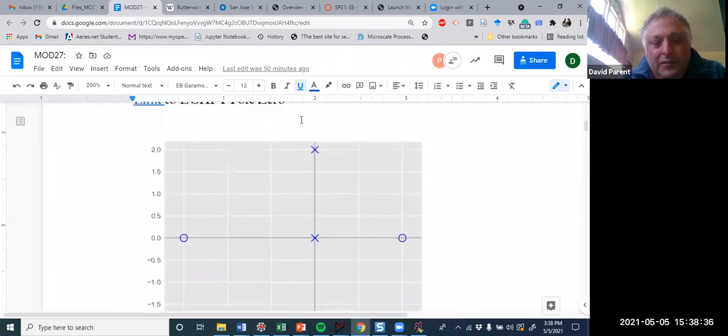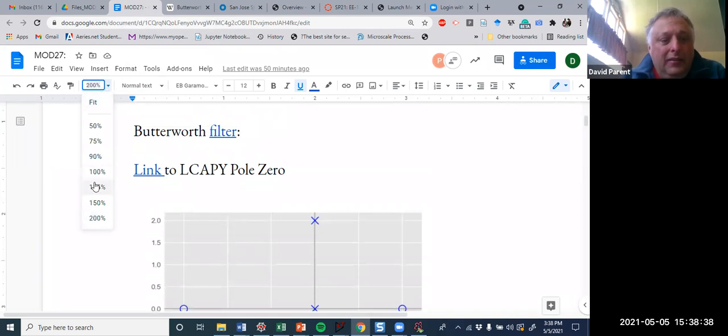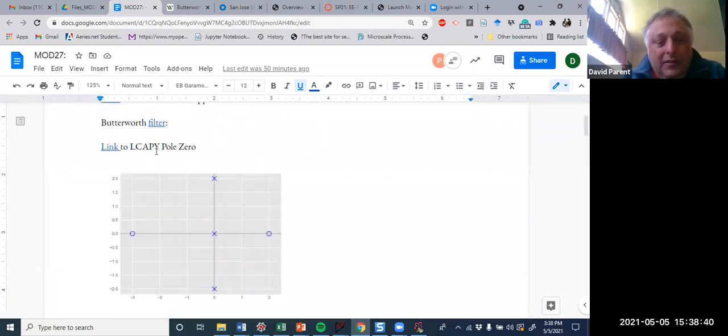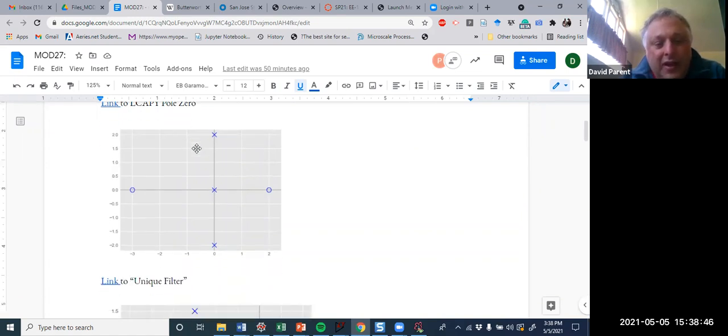So this is to help you. This is a link to lcopy. It's another thing in Python, and it's just a file that will print out your poles and zeros. So here, there's a pole at 0, but then there's a pole at plus or minus j omega.